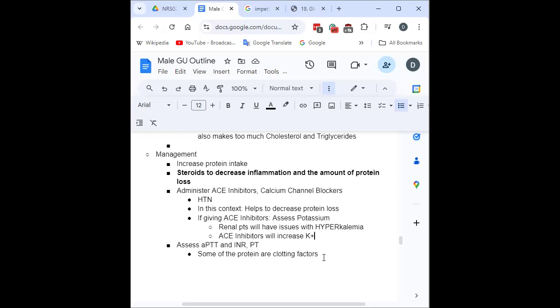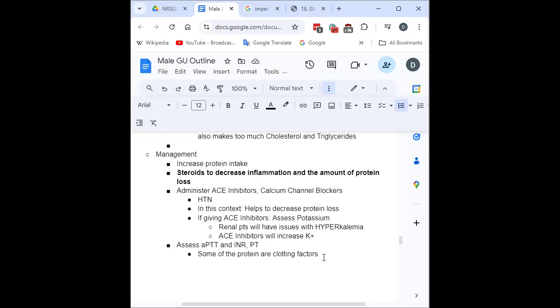That's essentially what happens when your vessels are permeable. Things will go through, but your body has ways to change that permeability and kind of prevent that from happening.